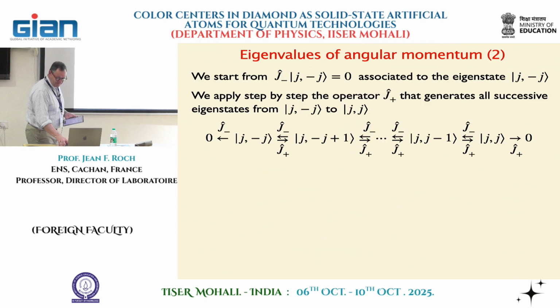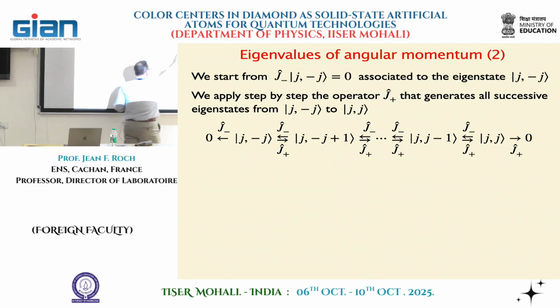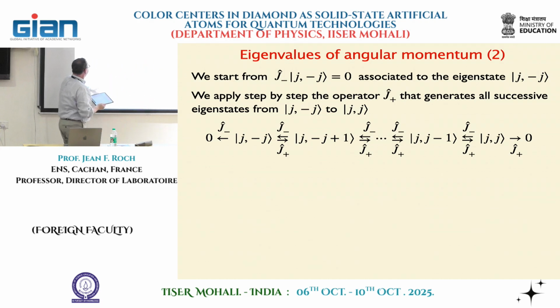It's just a brief reminder of what you have learned in quantum mechanics. We can now apply the operators step by step. If I start from |j,j|, the maximum value I can have, I apply J minus and obtain j minus 1, and I continue like that down to minus j, the minimum value of the quantum number m.